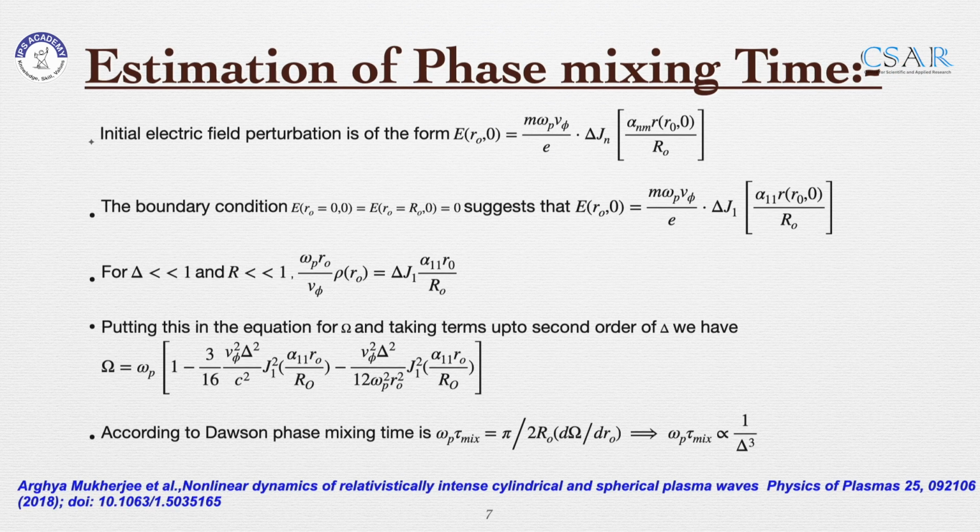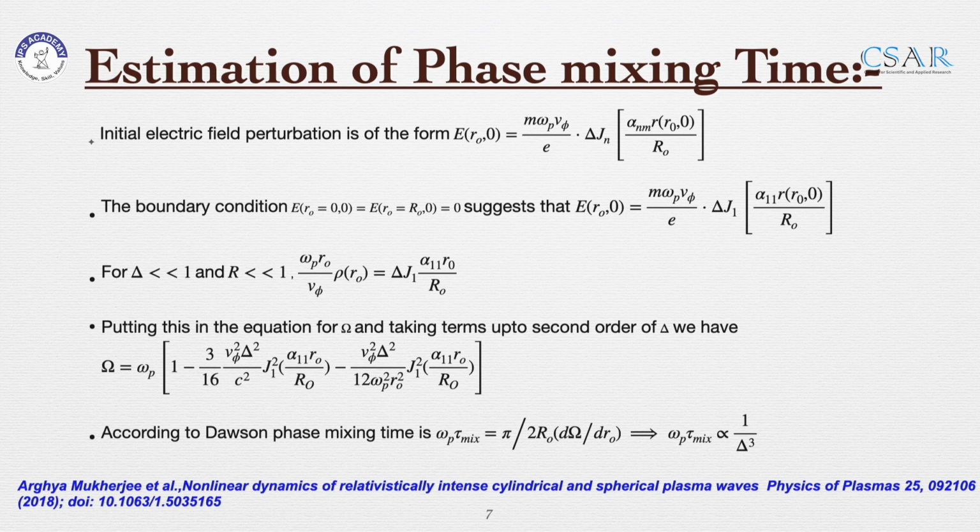Now in this slide, I will be talking about the phase mixing time or the wave breaking time. For that, we give a perturbation in terms of a Bessel function, because the Bessel function is the basic set for spherically symmetric systems.